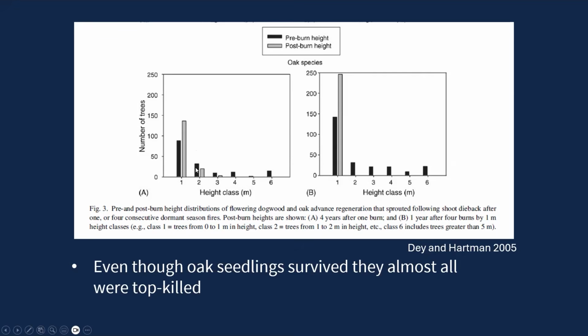So it did knock them all the way back. While they survived, they are much shorter. And then 1 year after 4 burns, we see this even more extreme, where we had this distribution of heights all the way from 1 to 6 meters. After 4 burns, while most of them are still alive, they're all in that smaller class, right? They're all surviving through sprouting.